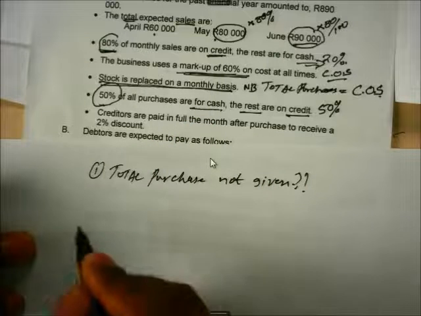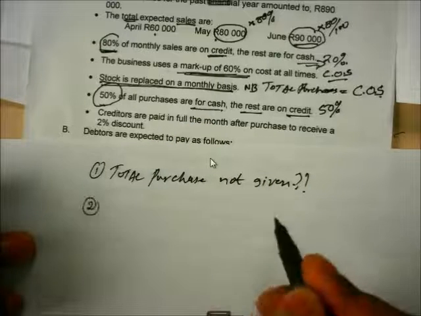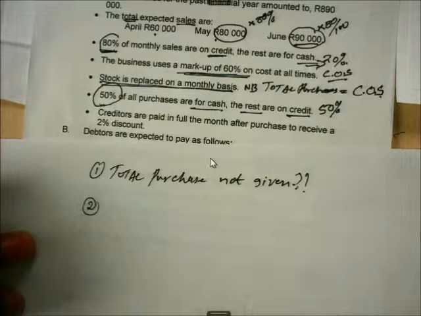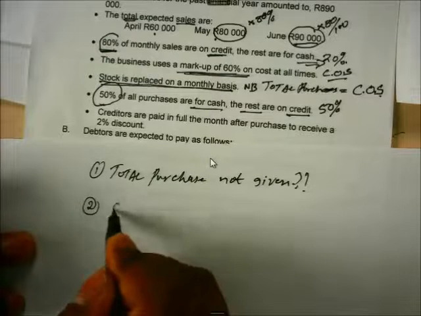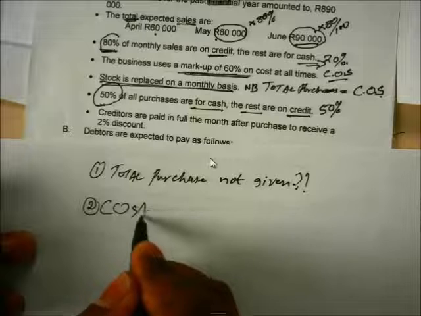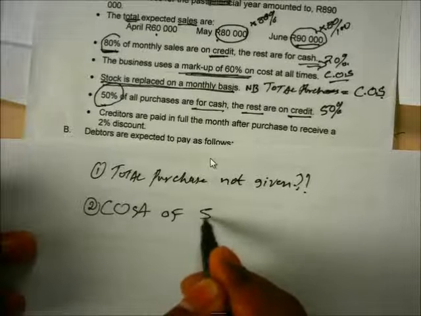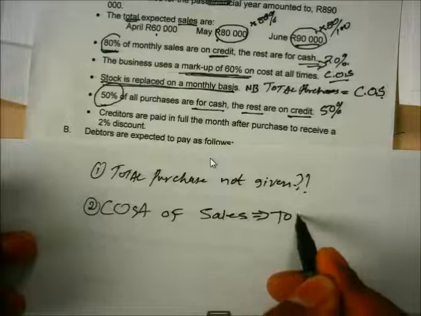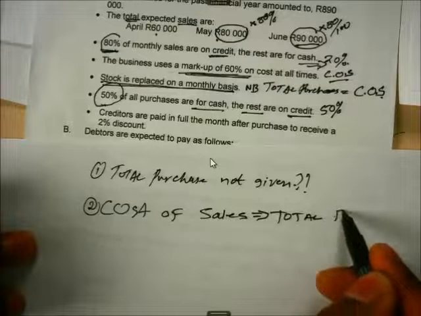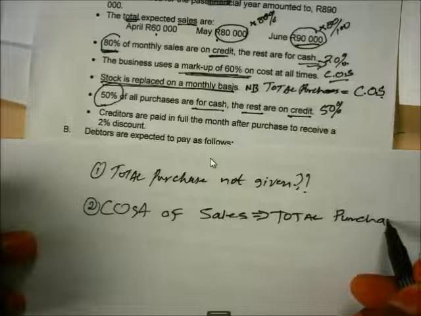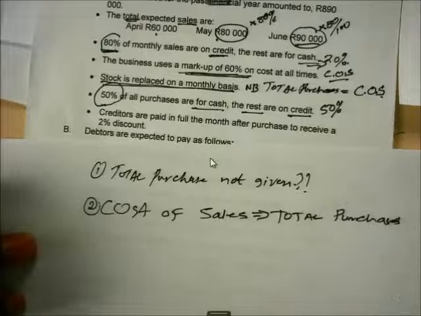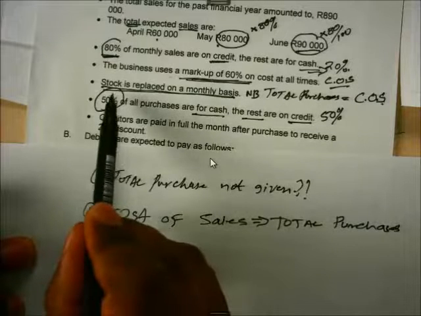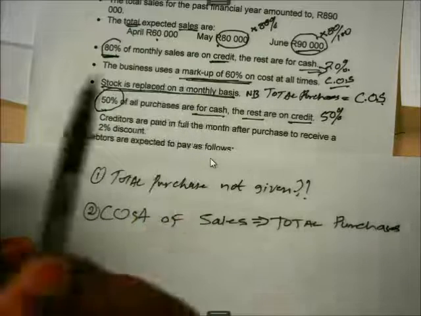That is why I say if total purchases is not given, then your cost of sales becomes your total purchases. Why is that? Because every month we replace the stock that you sold.